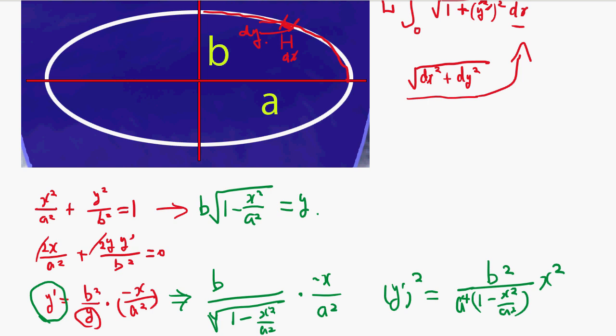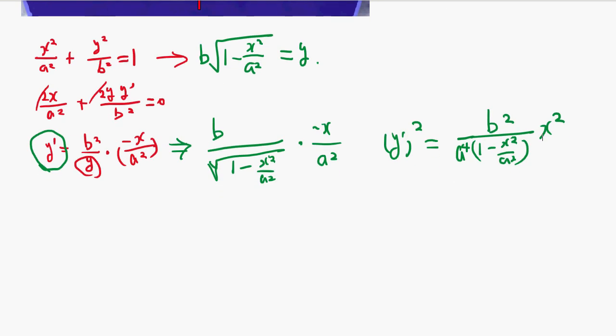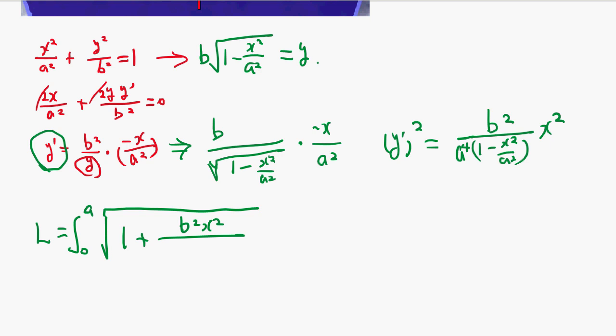Let's put that back into the length. The length is going to be the integral from 0 to a of the square root of 1 plus b squared x squared over a to the fourth times (1 minus x squared over a squared), dx.